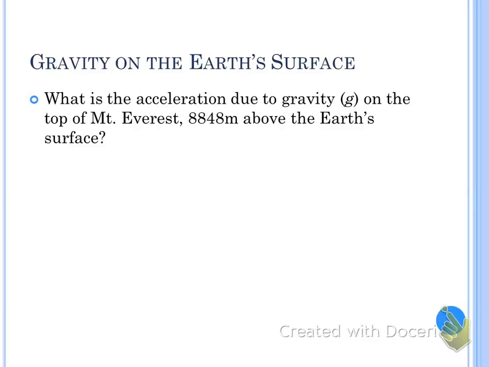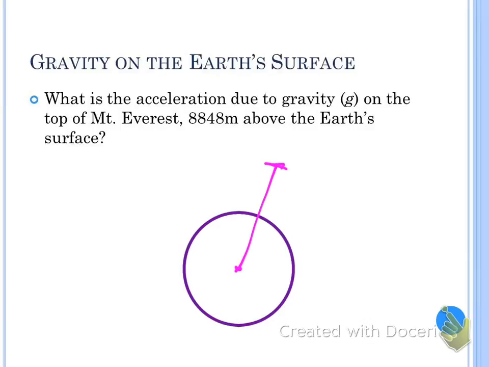This is important: whatever radius goes into our equation needs to be the distance from the center of the Earth to the object, wherever that object is. We always want to add in the radius of the Earth if it says it's above the Earth's surface. If it's on the Earth's surface, then our radius is just equal to the radius of the Earth. But if it's anywhere above that, we need to add that distance to the radius of the Earth.